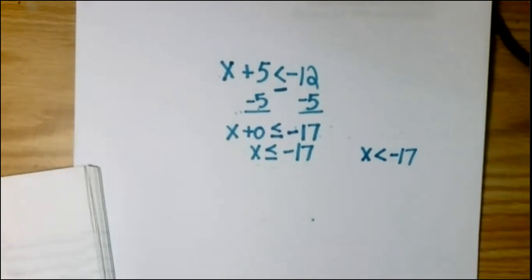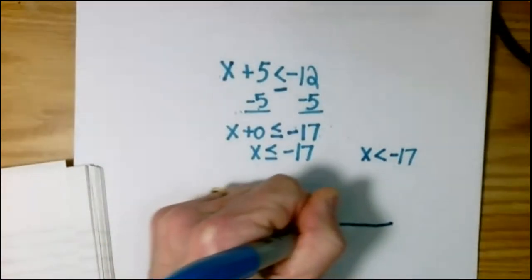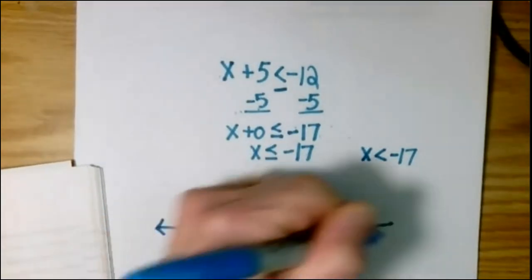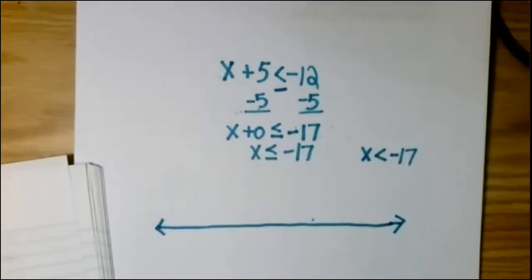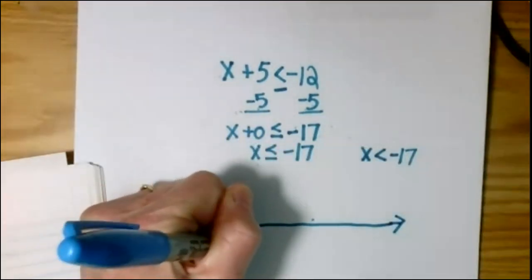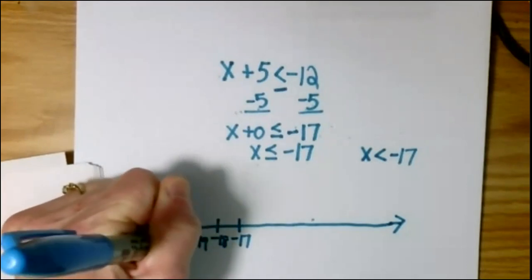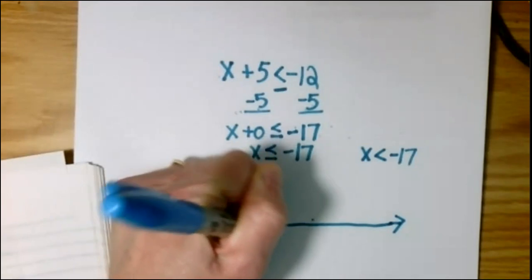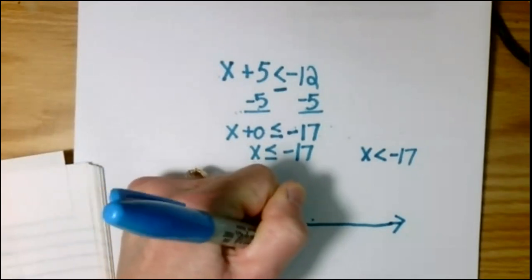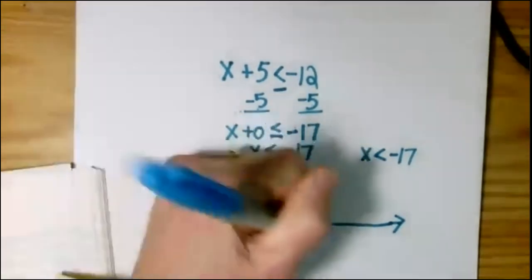So how would you graph this? Well, you draw your number line. And again, we have our negative 17, negative 18, negative 19, negative 20, negative 16, negative 15, dot, dot, dot.